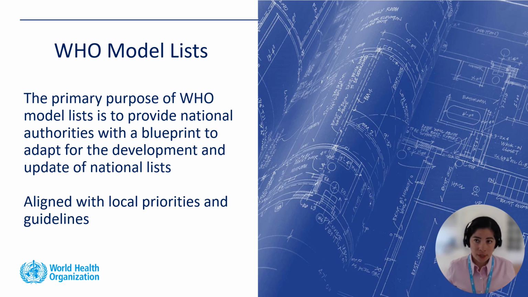All of these intend to help countries prepare their own national list according to their own context. So countries will review the model lists and then will be able to select those products that are indeed relevant and appropriate for their own context.